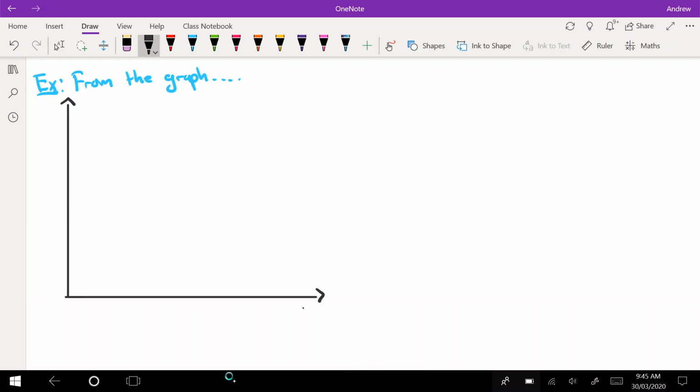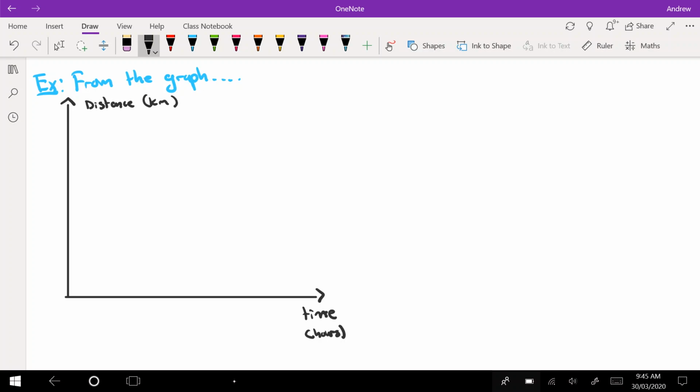Okay, this is going to be my time in hours, and my distance in kilometers. Sorry, the unit should be in brackets, not the title.